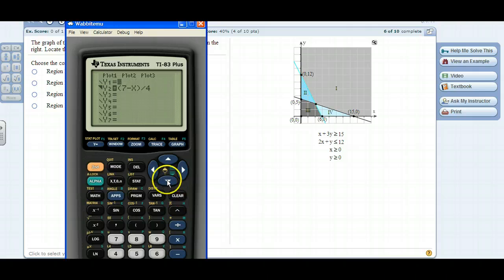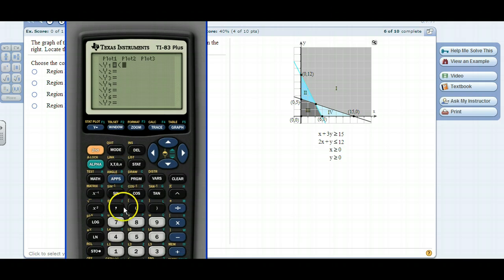Now a quick way to isolate y for the purposes of putting in your calculator: just do it in your head. Here's y. There's an x over here with it, so I'm going to need to subtract. I'll always start off with a parentheses. Take whatever's over there by itself to begin with. Take the opposite of the x.